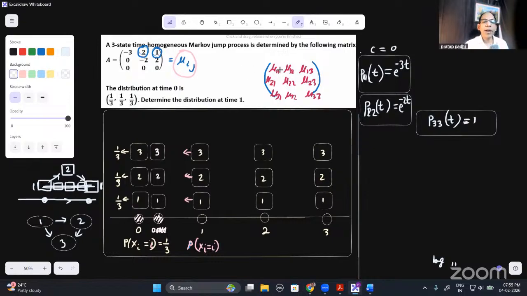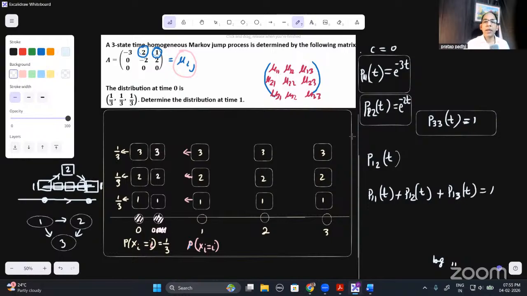I don't even need to find everything, because when I get P12(t), this is the difficult part. Because I have P11(t), and we know that P11(t) plus P12(t) plus P13(t) is equal to 1.